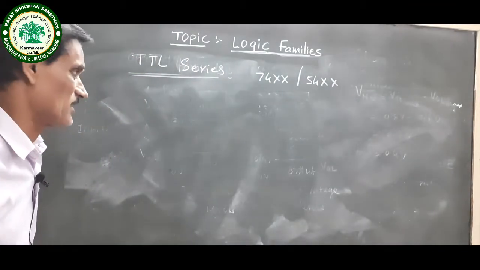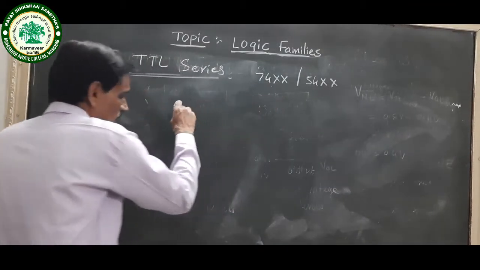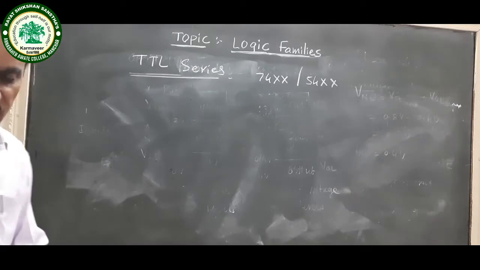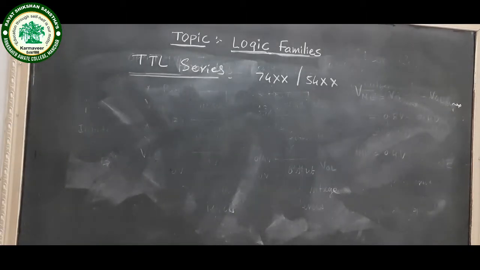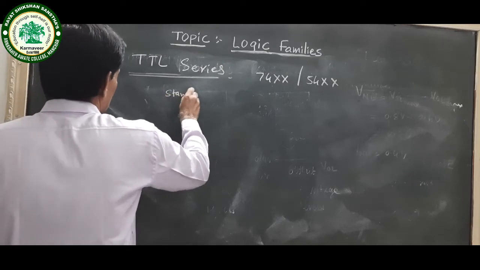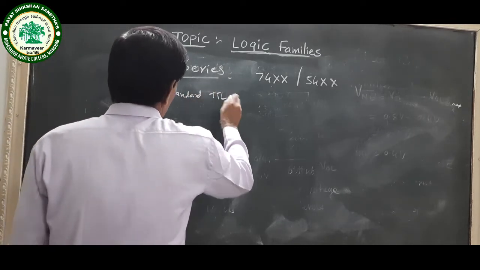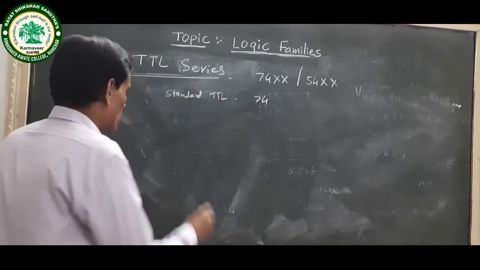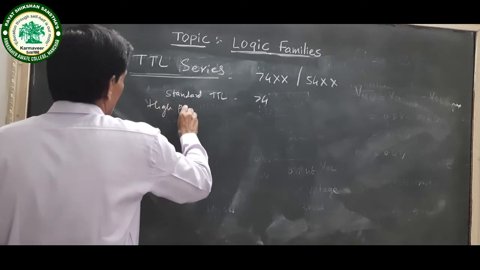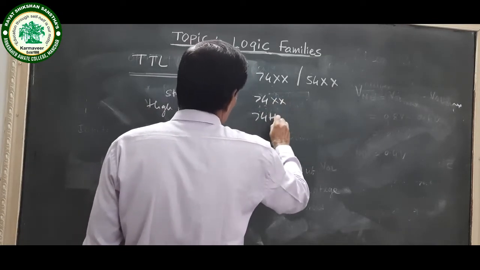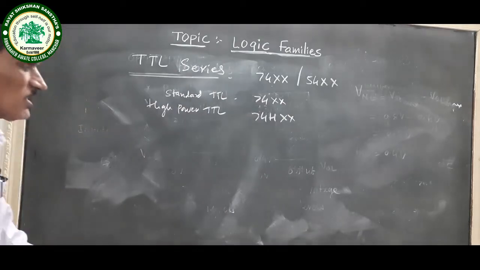There are 2 series, and these two series are further classified into different sub-series. Just from the knowledge point of view, I will go through those sub-series. Here there is standard TTL; there is no need to write everything, just 74 here. Then the next series is high power TTL, abbreviated as 74H, whatever the number, 2-digit or 3-digit.